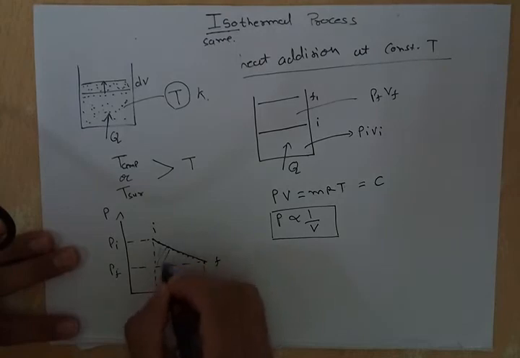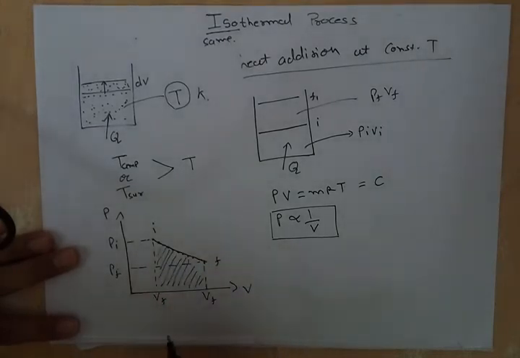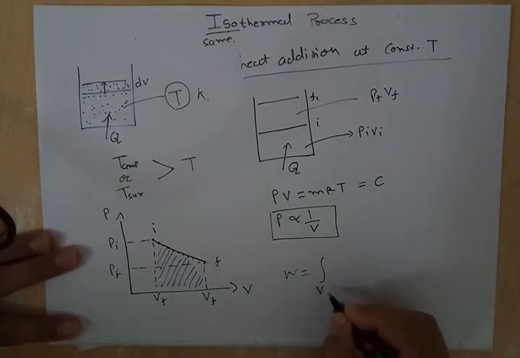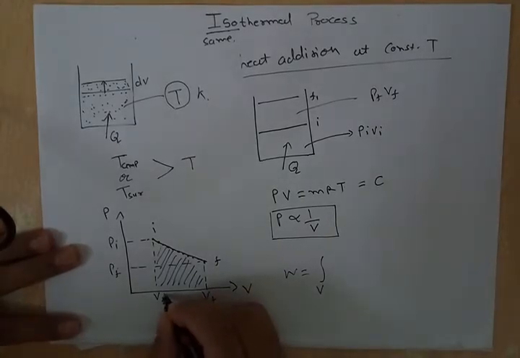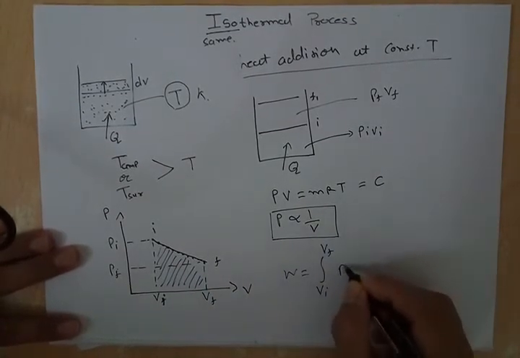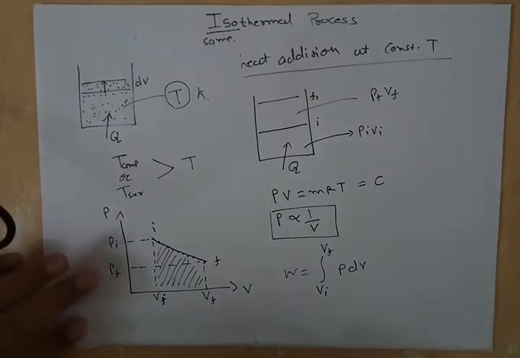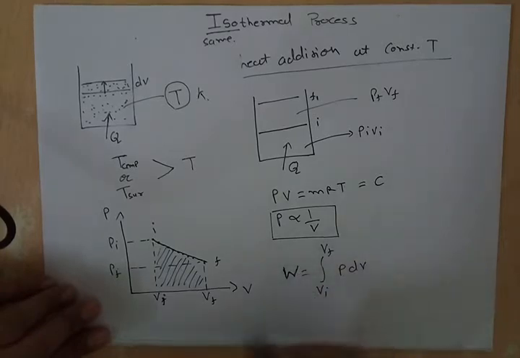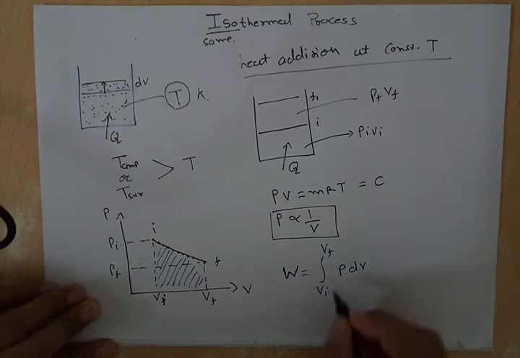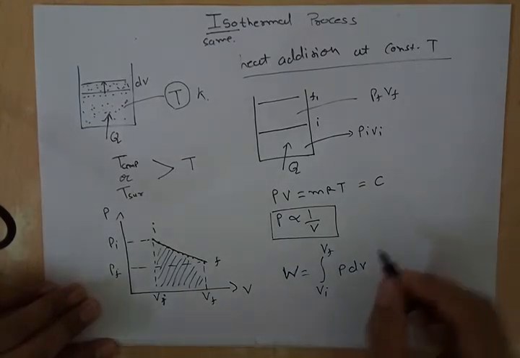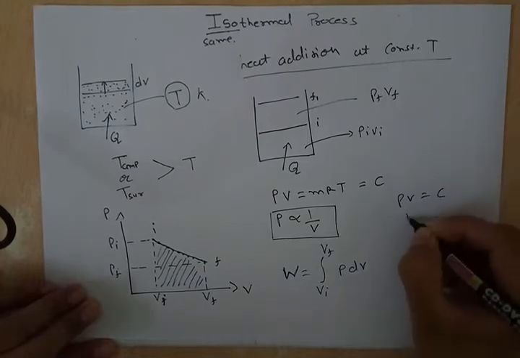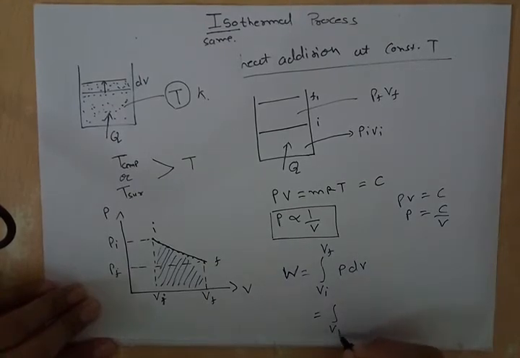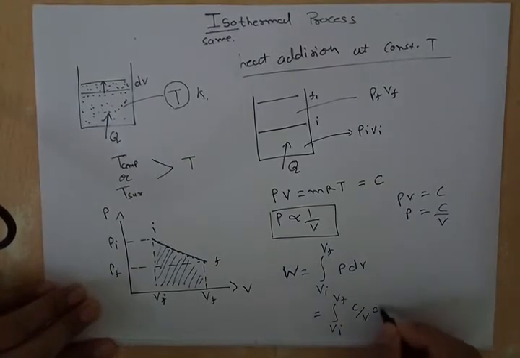Now area under the curve represents work done by the system. So we can use integration from initial volume to final volume, P dV. Now if you evaluate this equation, we will get formula for work. So we will write P in terms of V. So from this relation PV is equal to C, we can write P is equal to C by V. So we can write integral from Vi to Vf of C by V dV.